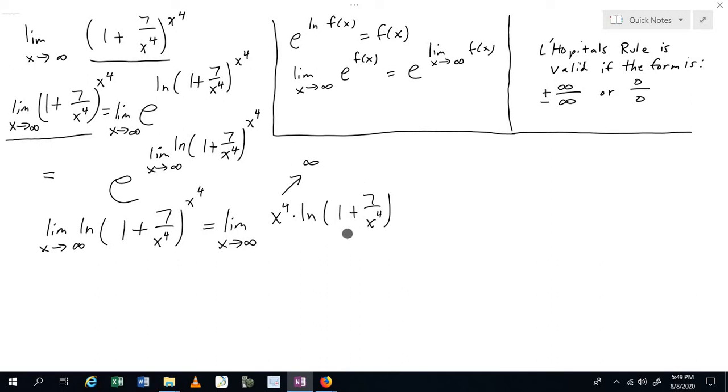Notice here, 7 over x to the fourth is going to get closer to 0 because x is getting bigger and bigger, which means this entire thing here is getting closer to 1. Then you're taking the natural log of that number, and the natural log of 1 happens to be 0. So really, this entire natural logarithm is getting closer to 0.